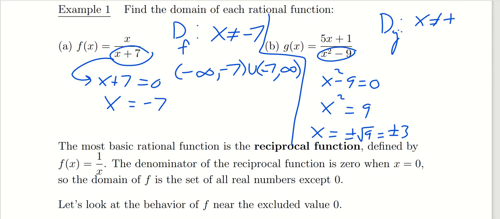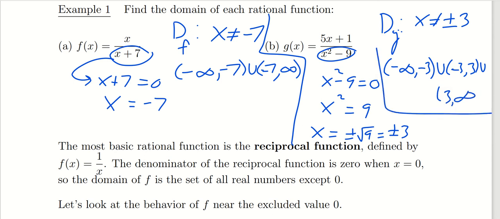So x cannot be plus or minus 3. In interval notation, that's -infinity up to, but not including, -3, then from -3 to +3, and then union 3 to infinity. This is the domain of the function g.